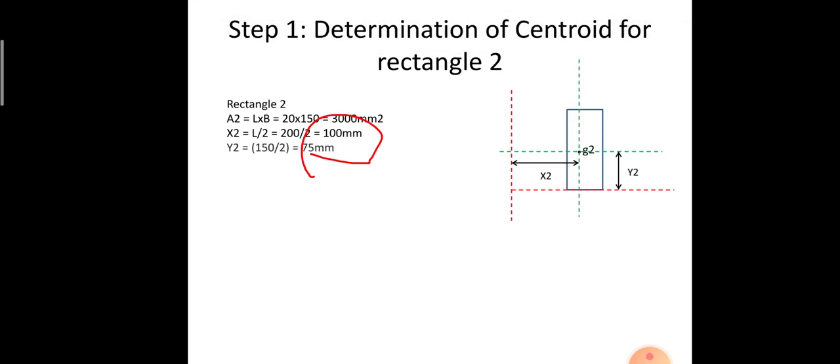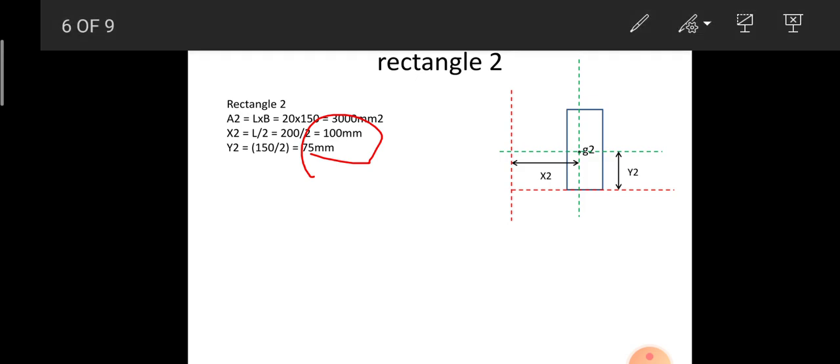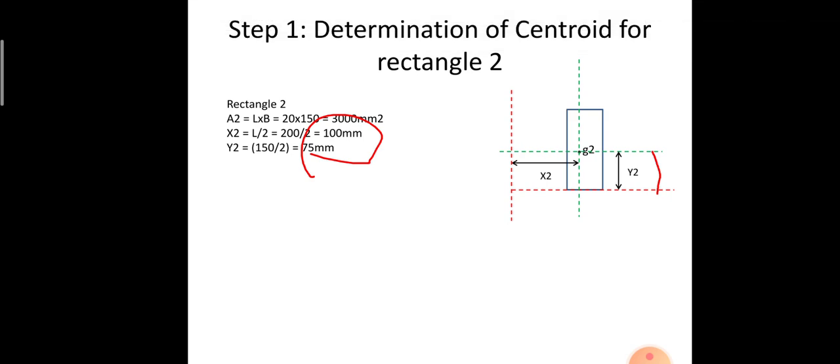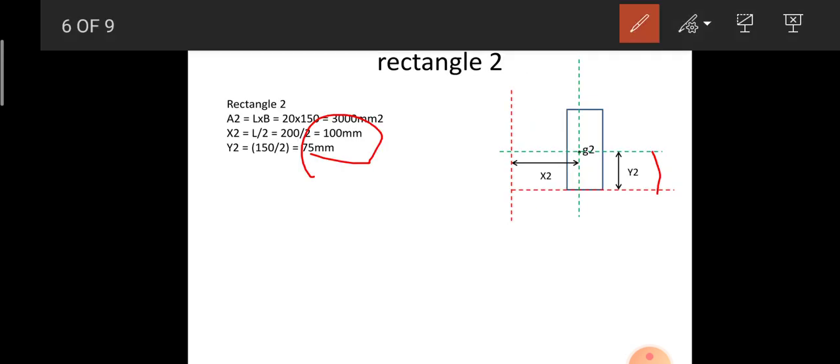So next is y2. As I said, y2 is the vertical distance from the reference axis to the individual centroid of the rectangle. So here we have the overall distance as 150 from the web rectangle. Half of 150 is 75 mm.